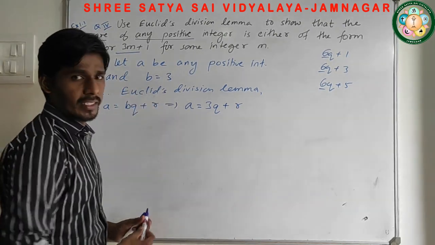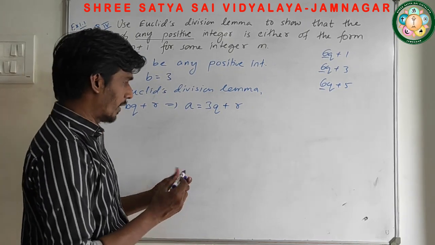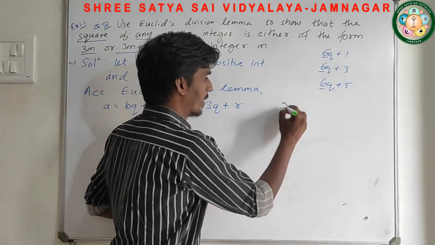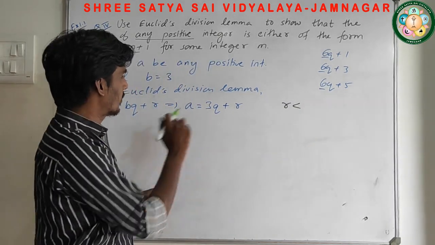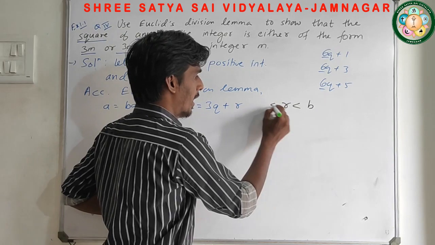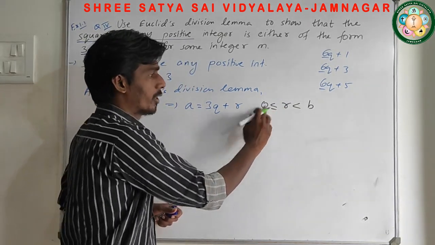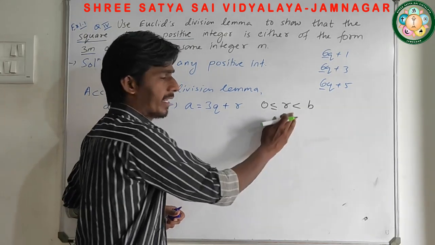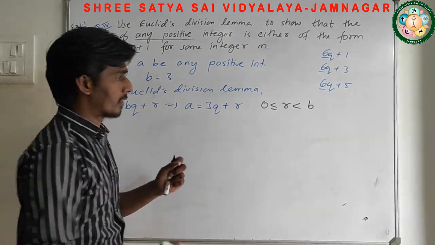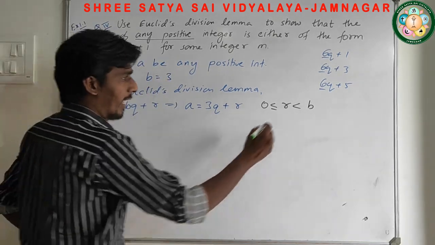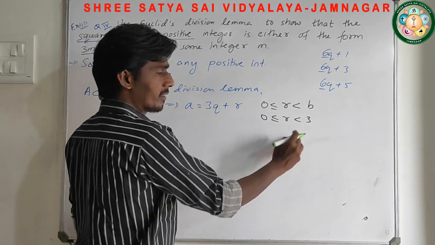Here what is the divisor? 3. As we know the condition for remainder, r is always smaller than divisor, b, and greater than or equal to 0. So for this condition, what is the divisor? 3. So the possibilities of r are less than 3, greater than or equal to 0.